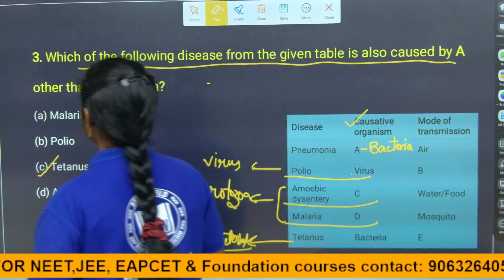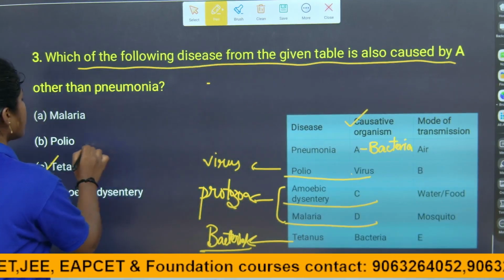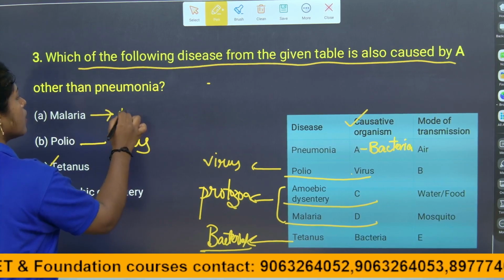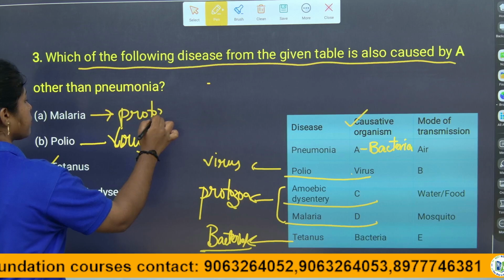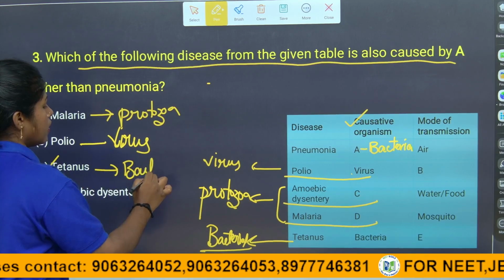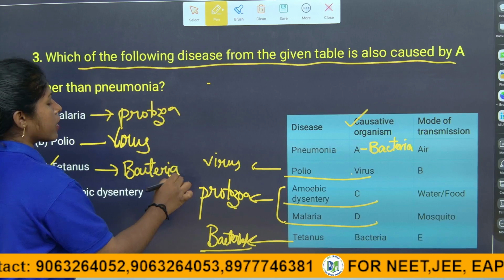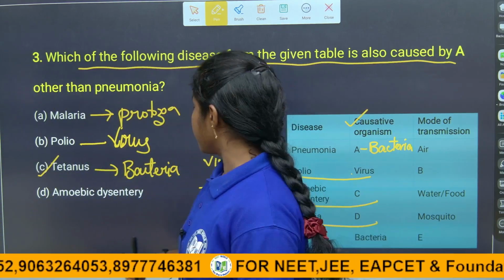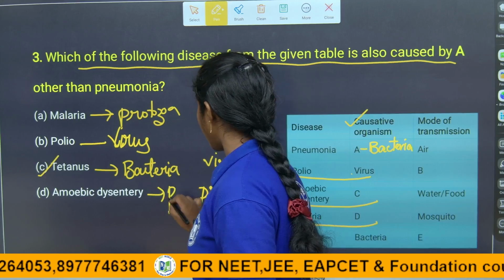Here the answer is tetanus, children, because polio is caused by the virus, malaria is caused by the protozoa, and tetanus is a bacteria. In the given table, the other disease which is caused by the bacteria is pneumonia, and amoebic dysentery is a protozoa.